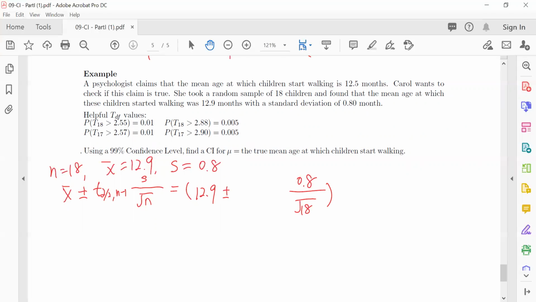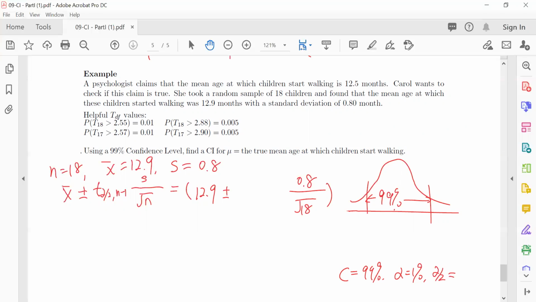So we are trying to find the 99% confidence interval, right? So the area in the middle is 99. So the confidence level is 99. So what do you think is our alpha? Our alpha is going to be 1%. So our alpha over 2 is going to be 0.005.